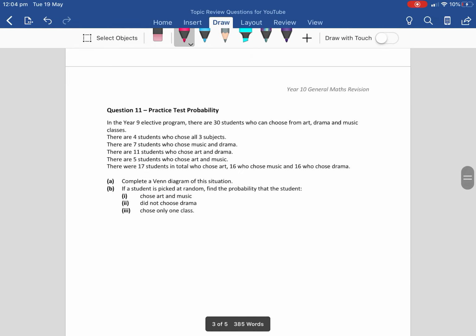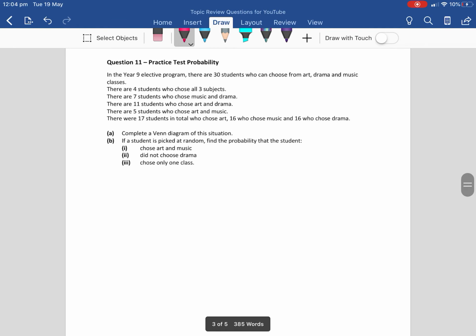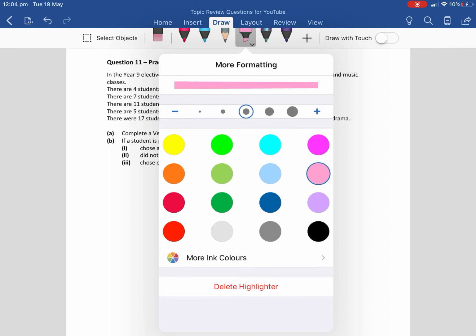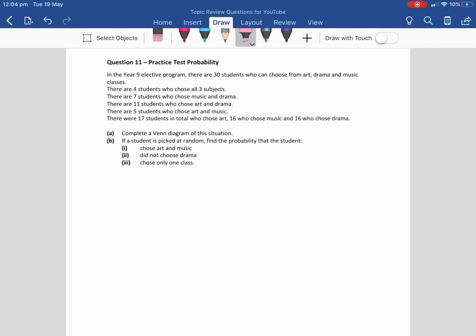Okay, question 11. Another Venn diagram. Get your highlighter out. In the Year 9 elective program, there are 30 students who can choose from art, drama, and music. There are 4 students who chose all 3 subjects, 7 students who chose music and drama.